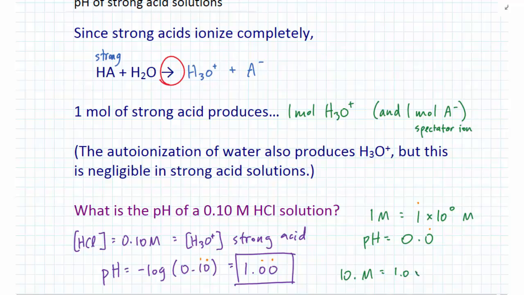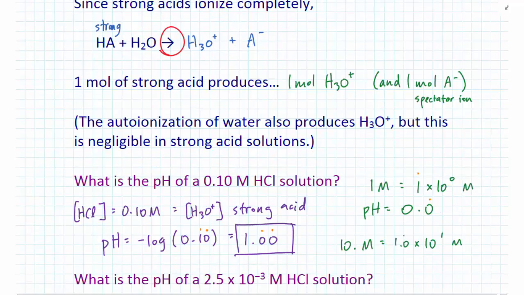That's 1.0 times 10 to the 1. If that was 2 sig figs worth, that's why I put the little decimal point there, that would be -1.00.